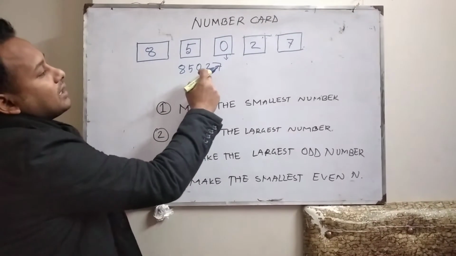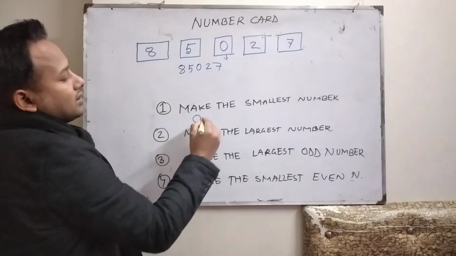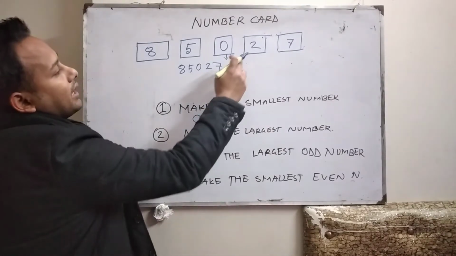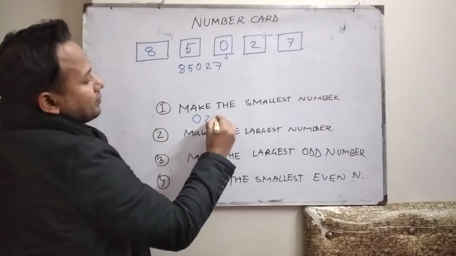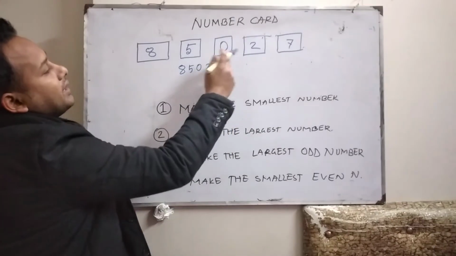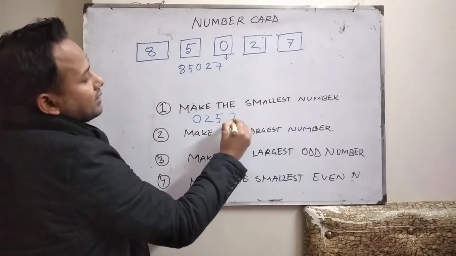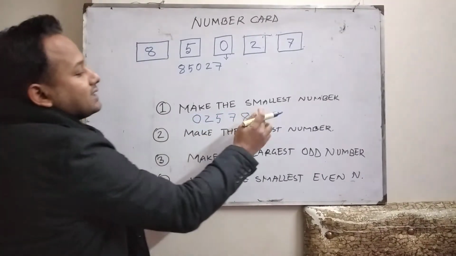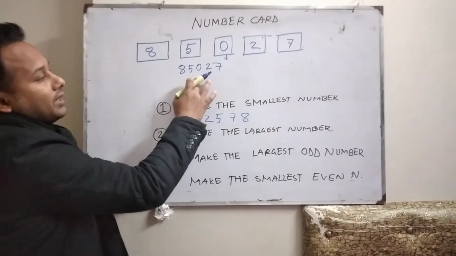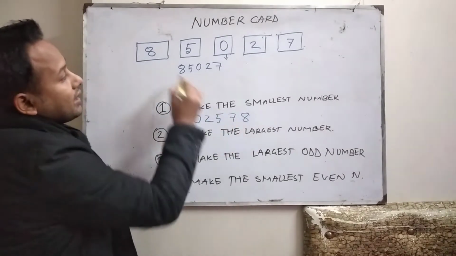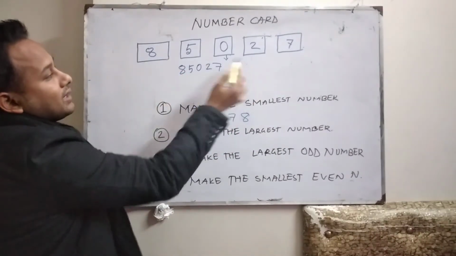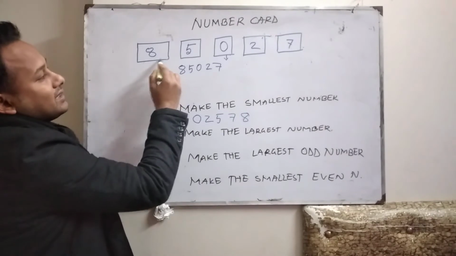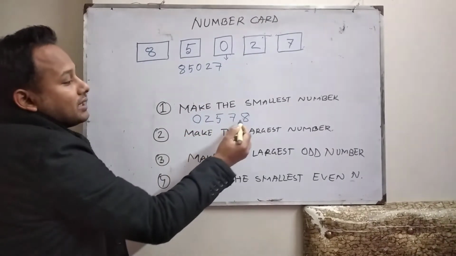And next smaller is 2, and next is 5, and next is 7, and next is 8. So this is the smallest number we have got out of here. We will take these number cards and we will make the smallest number.